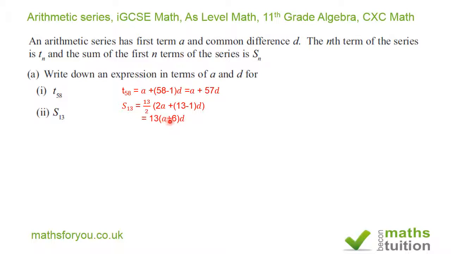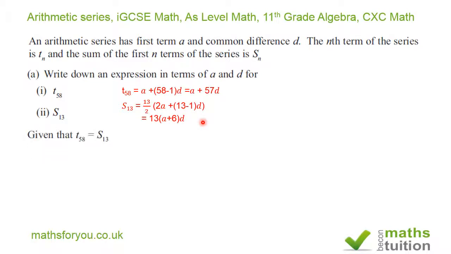So we end up with 13 into a plus 6d. Because this carries only 1 mark, you should be able to leave your answer at this, because this is a bit more involved than the first one for t sub 58. Okay, so that's okay there.